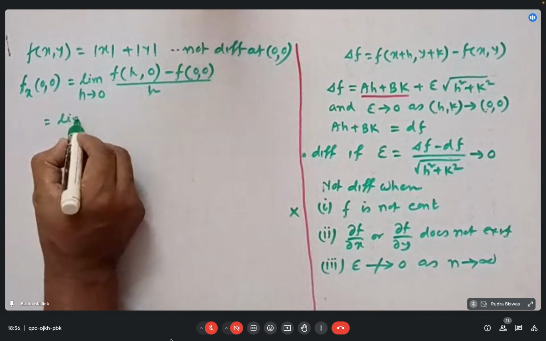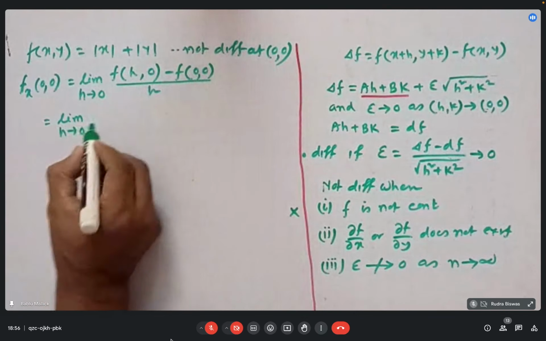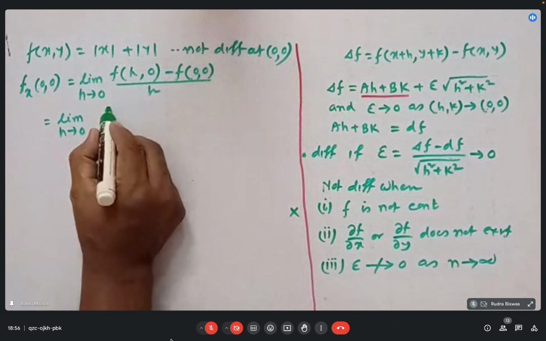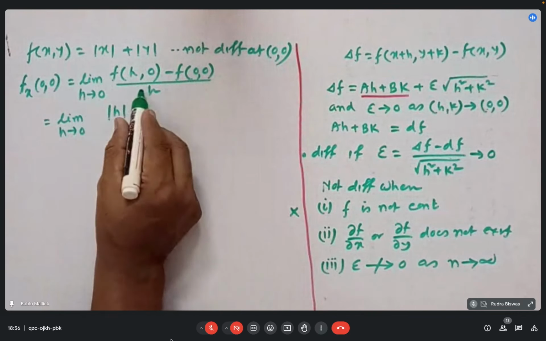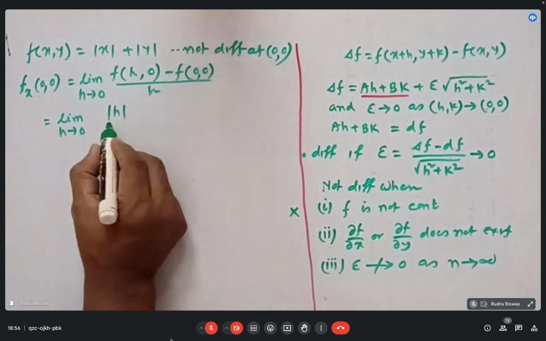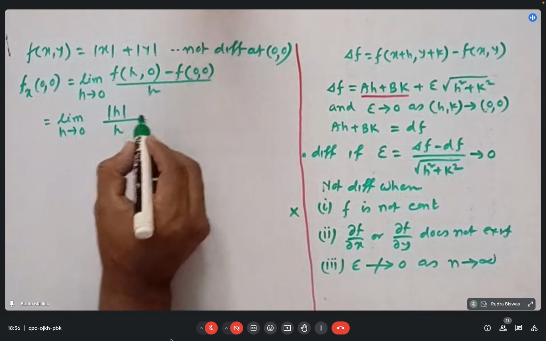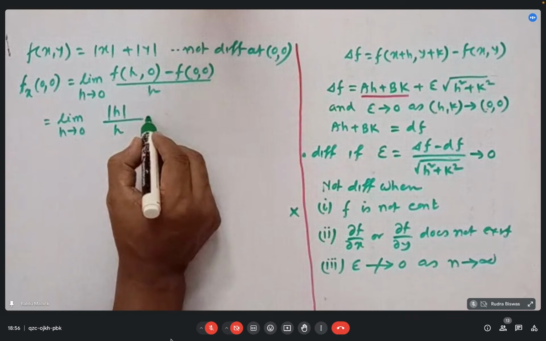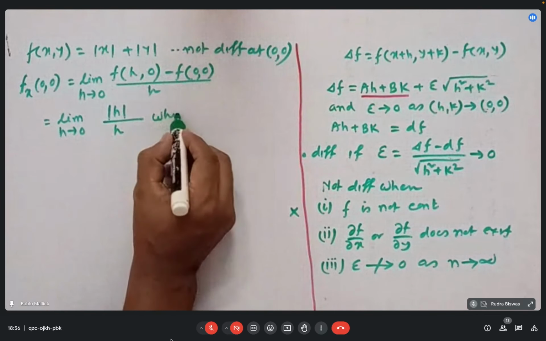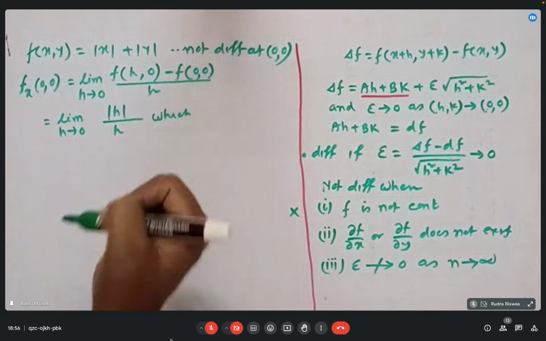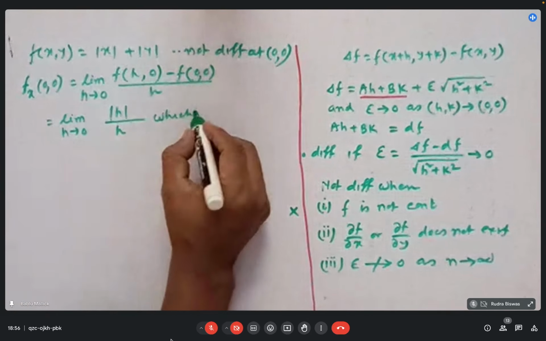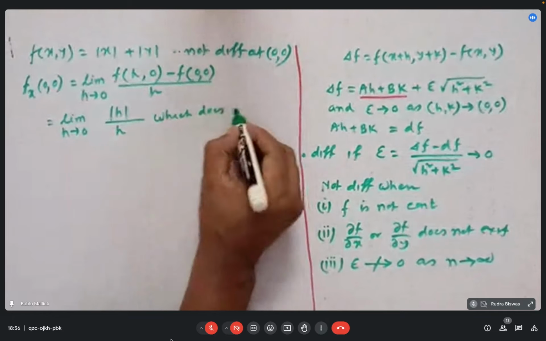So this is limit h tends to 0, f of h plus 0, it is mod h, minus f of 0 0 which is 0, divided by h, which does not exist. Mod h by h will be either plus 1 or minus 1.